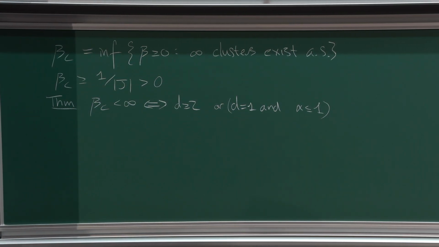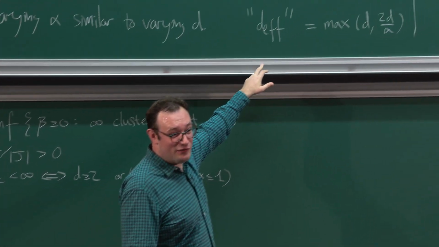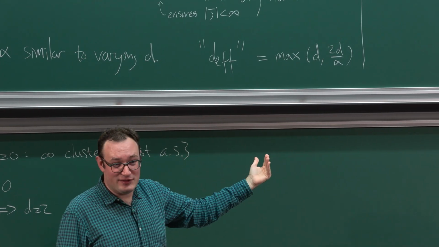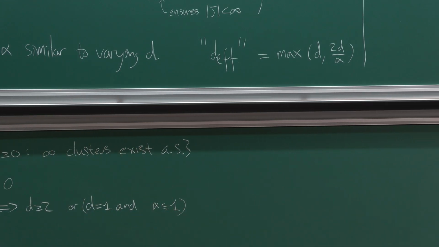So in particular, once you start considering long-range models, you can now have phase transitions in one dimension. Of course, that shouldn't be surprising from this effective dimension formula, right? Because if I make alpha small, even if d is 1, it's like making the effective dimension large.